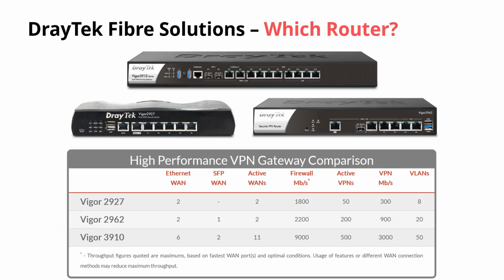Here we can see our top load balancers. Each one is ideal for fiber broadband with performance options to easily handle gigabit with the Vigor 2927 series, and even faster on the Vigor 2962 and 3910, which I will detail in a minute.